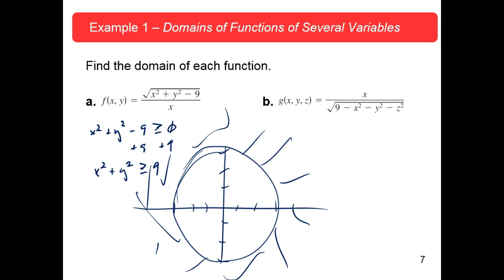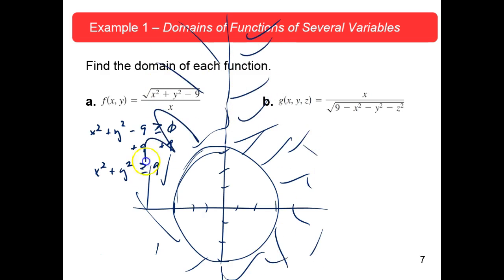There's one other little issue, and that would be x can't be 0 because you can never divide by 0. So now, where is x equals 0? Your y-axis. That's where x equals 0. So it would only be the things here and the things here.